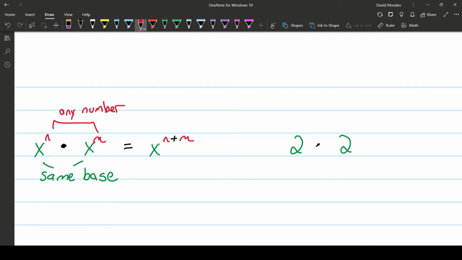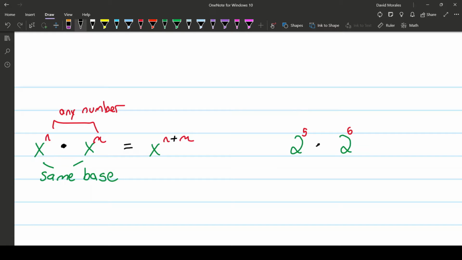Now, if the exponent is 5 here and 6, that doesn't really matter. The only thing that I need to be careful about is that these are the same, and that this is multiplying. It has to be multiplying.